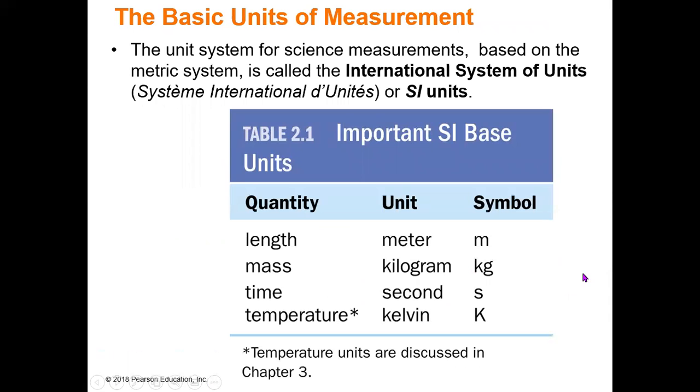All right. So the basic unit of measurement, the unit system for science measurement based on the metric system, you call the International System of Units. The French word, Système International. And this table shows you there are 4 basic quantities: length, mass, time, temperature. And in SI, the base unit for length is meter, for mass is kilogram, for time is second, temperature should be Kelvin.